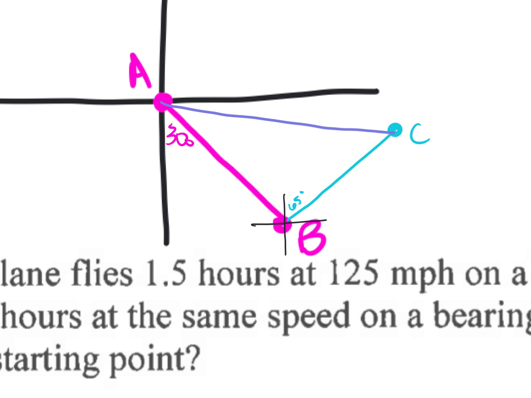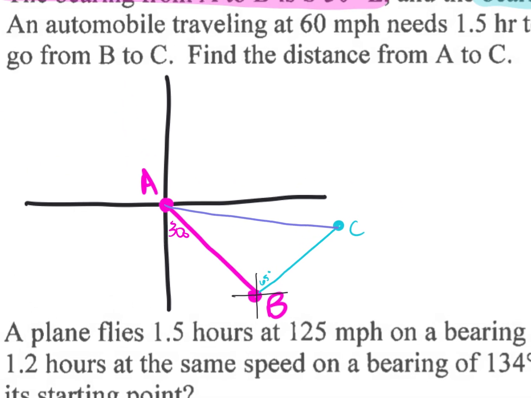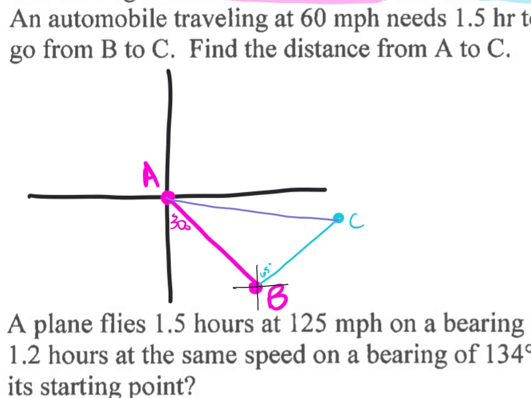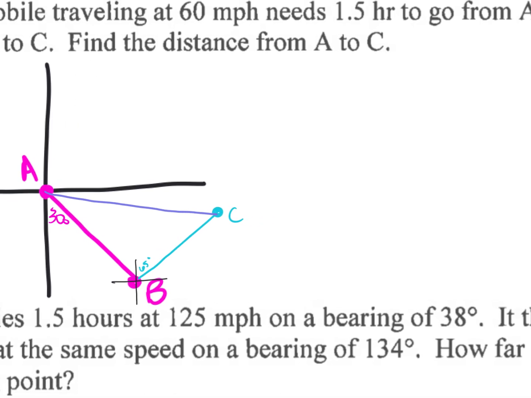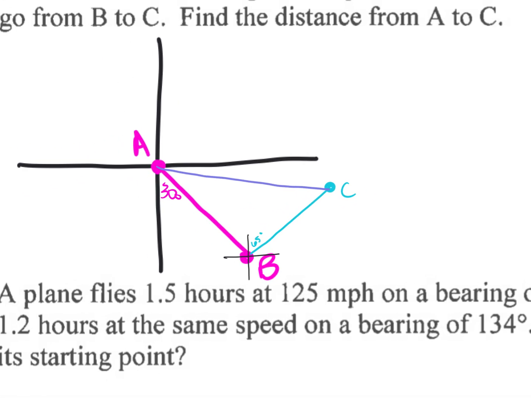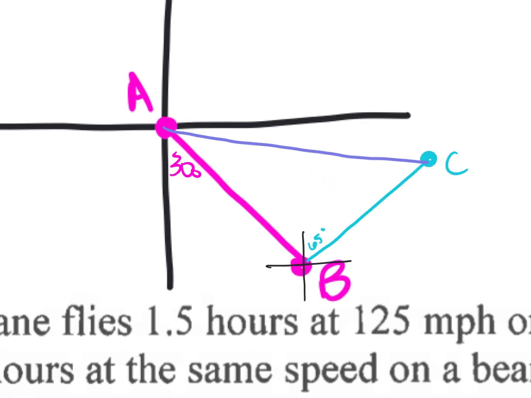So, this feels like a very incomplete triangle. Let's fill in some of the blanks. We are told a couple things about speed and time. Our car is traveling 60 miles per hour. It needs an hour and a half to go from A to B. What do I do with that? 60 times 1.5 tells me from A to B is how many miles? 90.